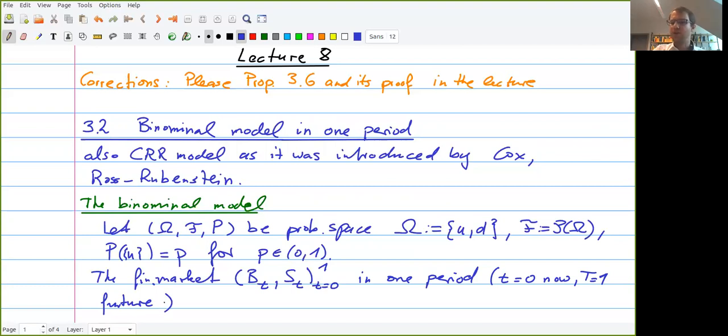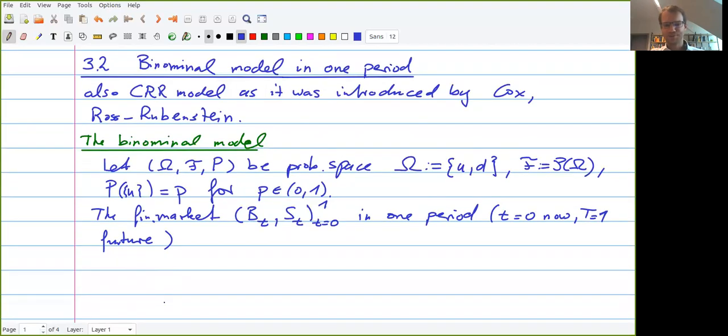Currently we observe the price at time 0. So these are deterministic constants, and the future prices are random objects because we can't forecast the future. So we have these two prices.